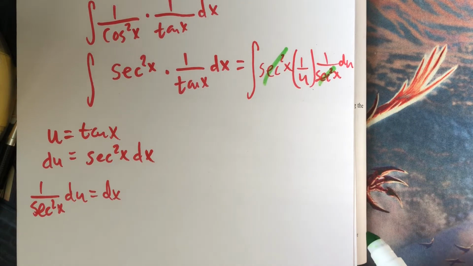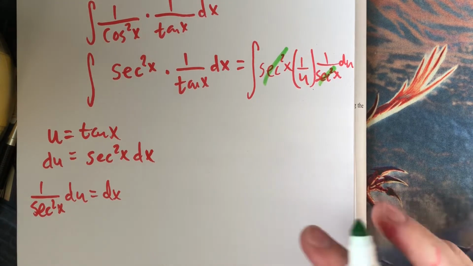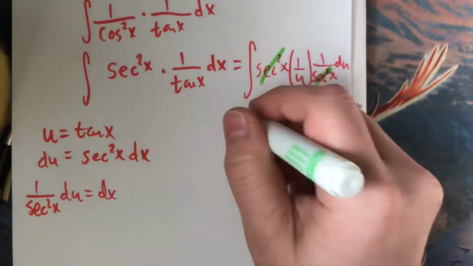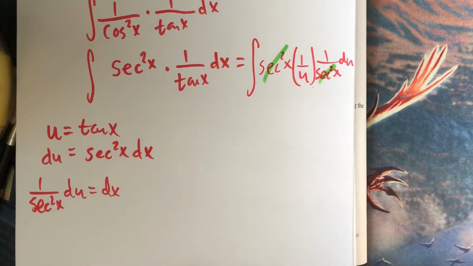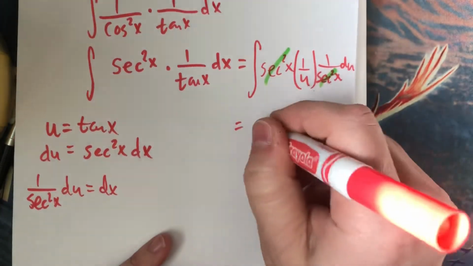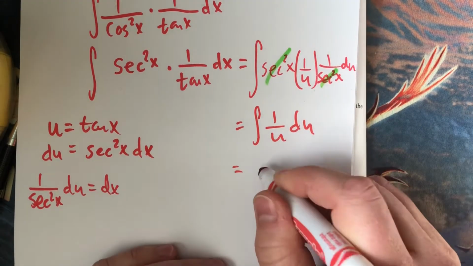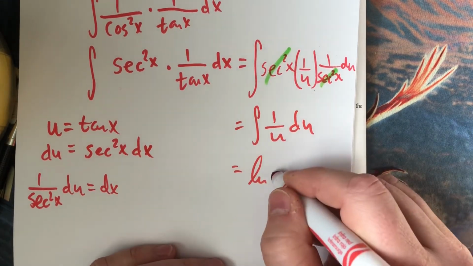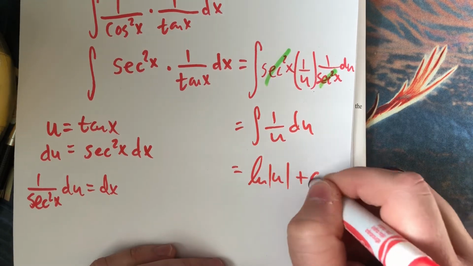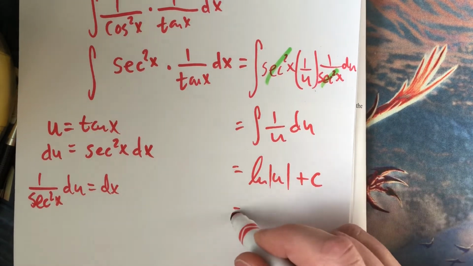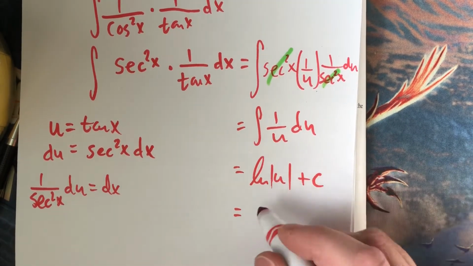Now it is a perfect 1 over u. That's it. There are no extra details hanging on the edges. It's just 1 over u du. So its integral is natural log of u plus c. And again, I like to skip that step when it's simple like this.